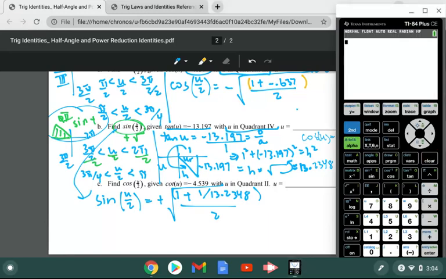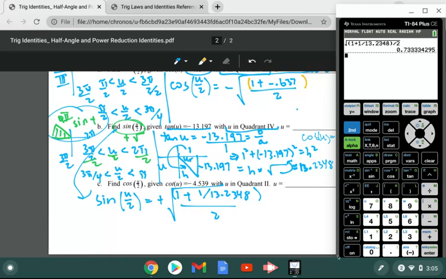So clear. Positive, so I can jump right to the square root, parentheses, 1 plus cosine, which is adjacent, 1 divided by hypotenuse, 13.2348, parentheses, divided by 2.